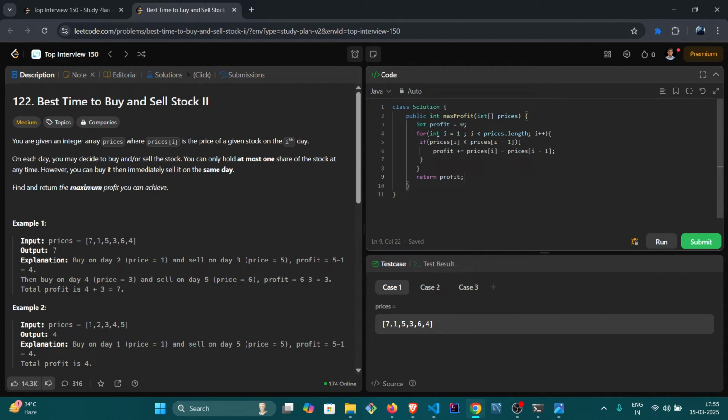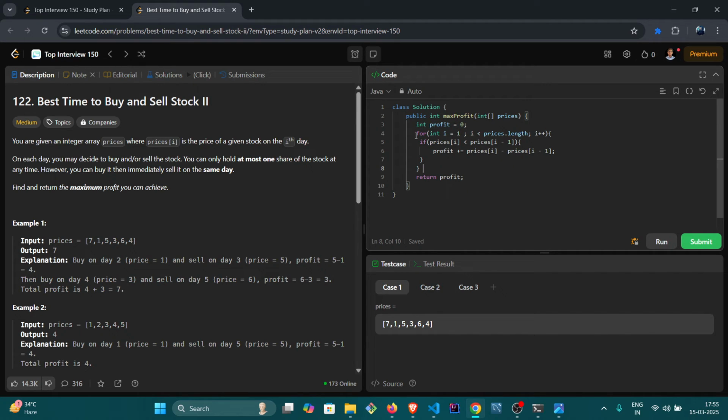So this is the coding part. As per this question, because we have to find the maximum profit, we create a variable which is profit. Initially it's 0, and based on the condition it will store the profit.